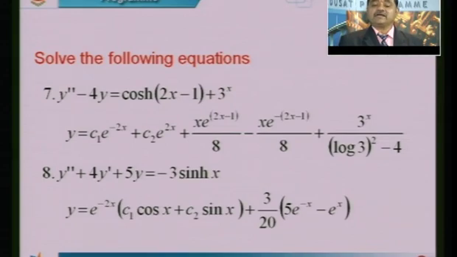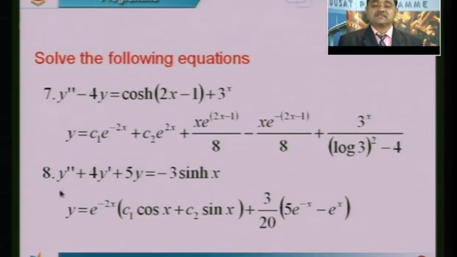Sine hyperbolic is e power ax minus e power minus ax by 2. So like that, the two different forms, we can say the indirect forms of the first type problems are here.